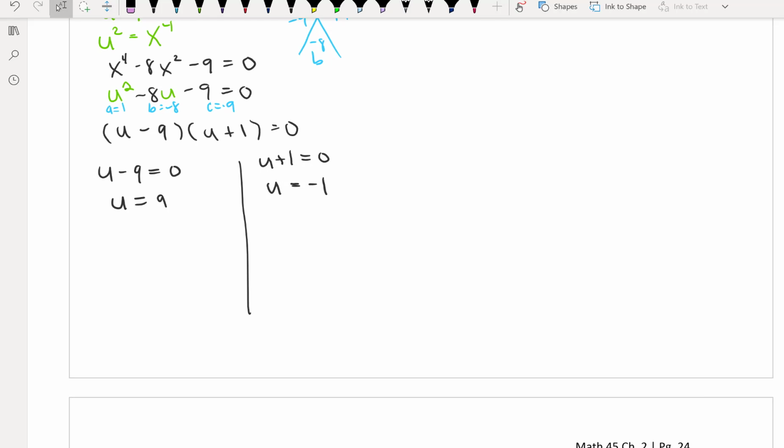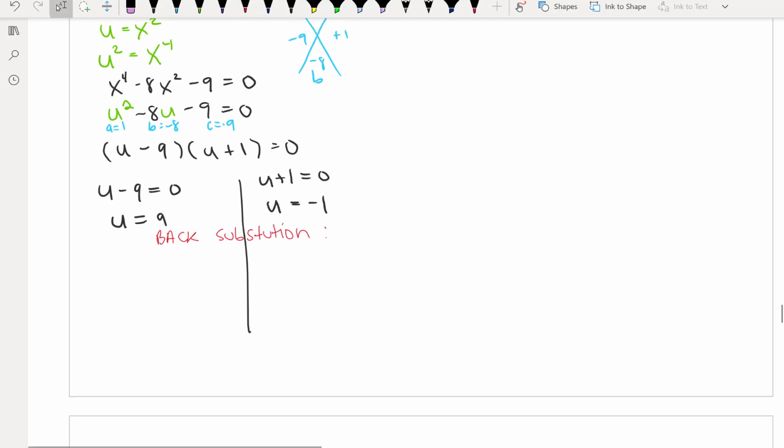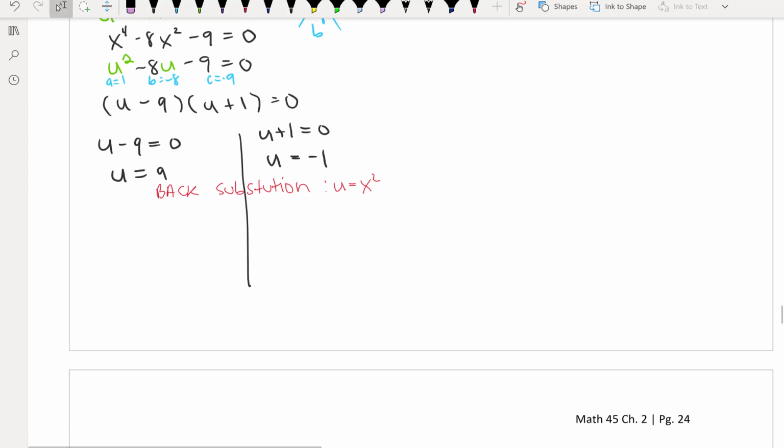In order to do our back substitution, we're going to look back at our original definition. Remember that we let u be equal to x squared. So if I have u, that's really x squared, is equal to 9.